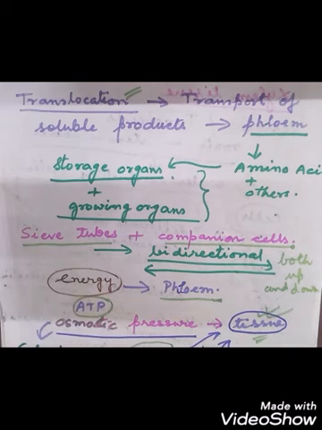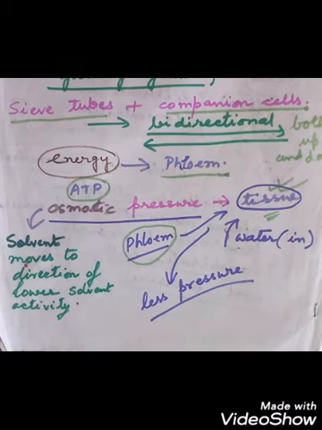It is not unidirectional, but bidirectional, because food has to reach all the parts of the plant body. That is why it is both up and down throughout the plant.